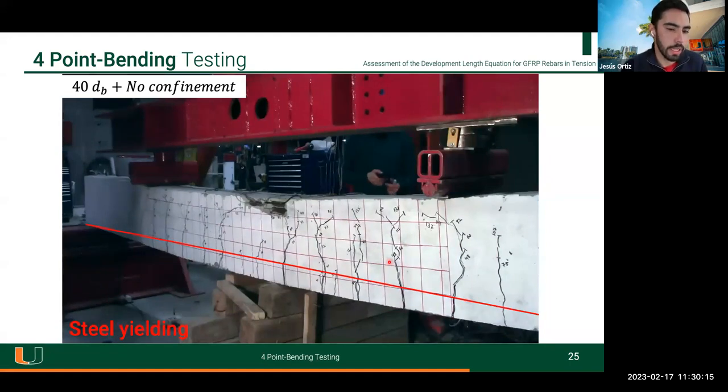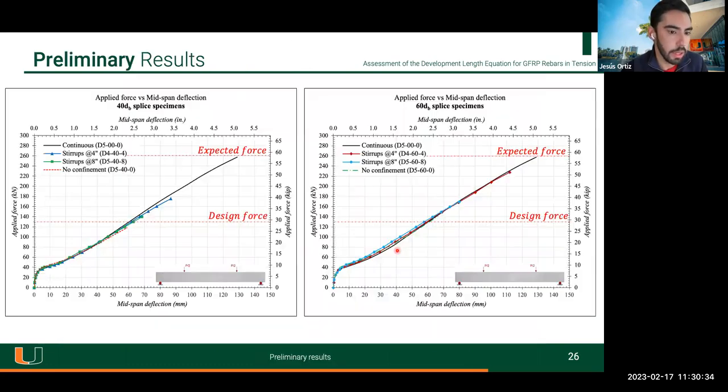In reality, it didn't fail. I mean, the rebar didn't break, but we have large deflection. So we stopped the test after large deflection, after around 3 hours. We say, okay, the steel is going to continue yielding, so we can stop it and classify it as steel yielding.